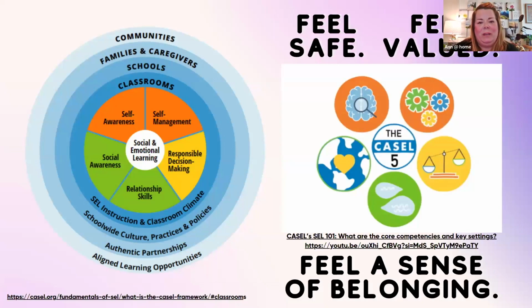But as we go into today, thinking about the big umbrella of social and emotional learning, words that are synonymous for me are well-being, mindfulness, this big concept, right? But of course, rooting all of this in the CASEL framework about social and emotional learning, bringing in what it looks like for communities and families and caregivers and schools and classrooms in those different areas you see right on the graph, right? The self-awareness, self-management, responsible decision-making, relationship skills, and social awareness.